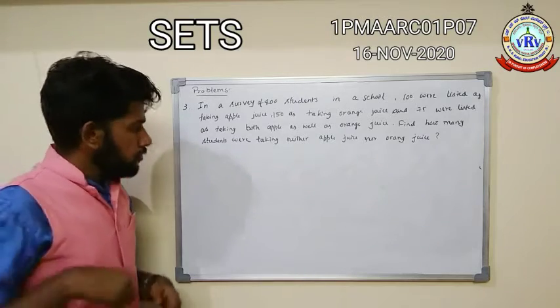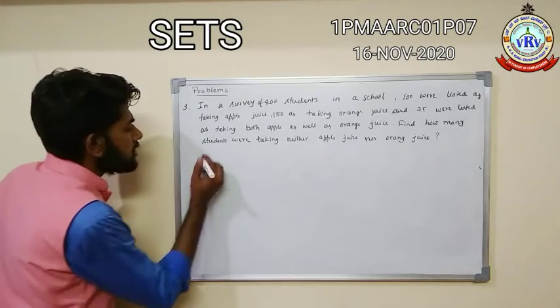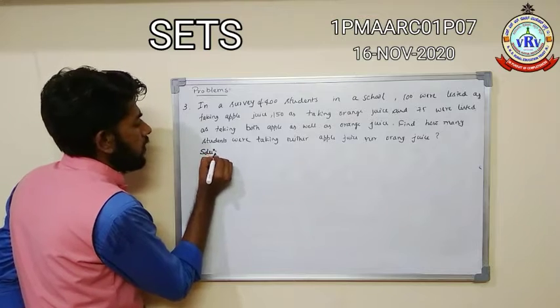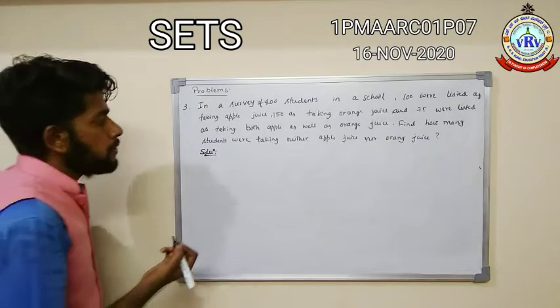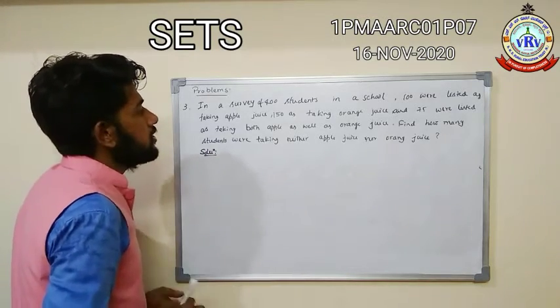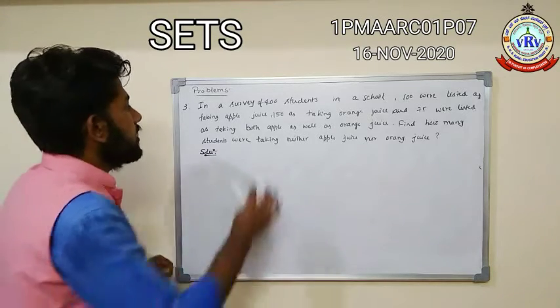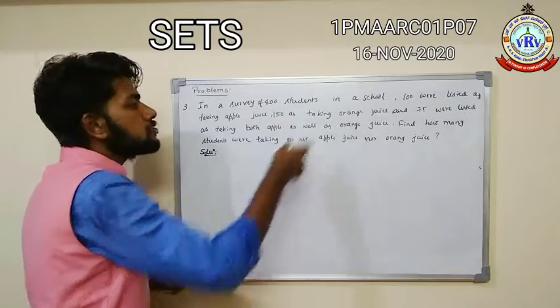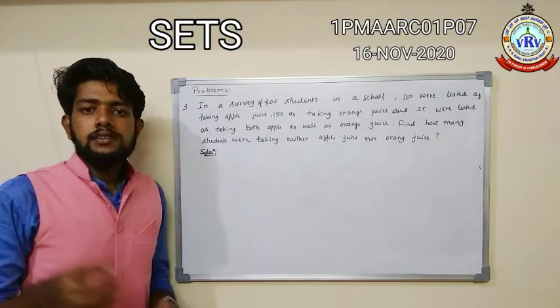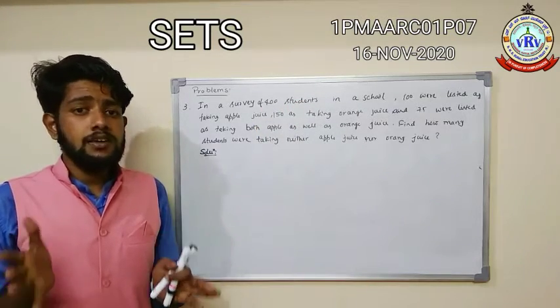Clear? For that, first I will write the sets, because here they mention how many students were taken for this survey. In a survey of 400 students in a school, so the universal set is the basic set.